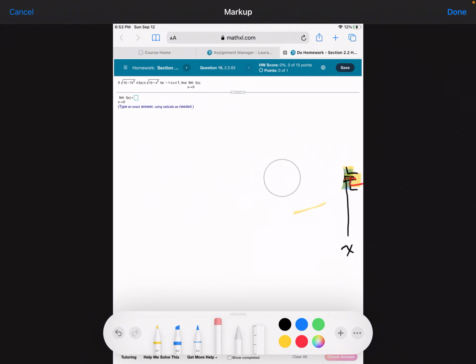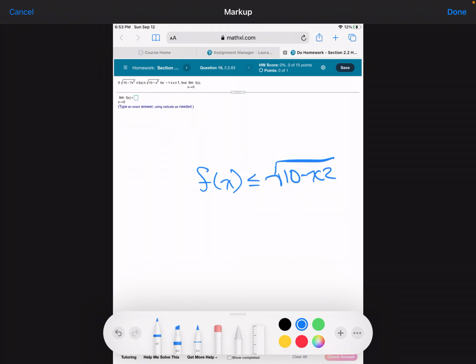So this one says that our function that we're looking at, f of x, is always between 10 minus x squared and 10 minus 7x squared.